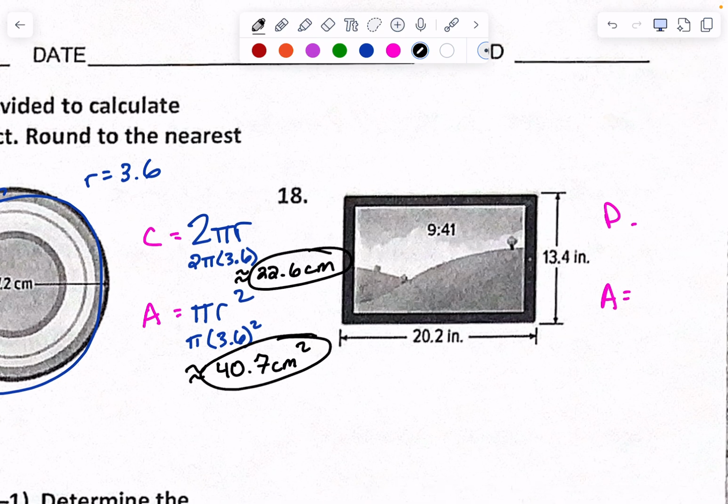All right. How do you find the perimeter of a rectangle? Base plus height plus base plus height. So 20.2 plus 13.4 plus 20.2 plus 13.4.